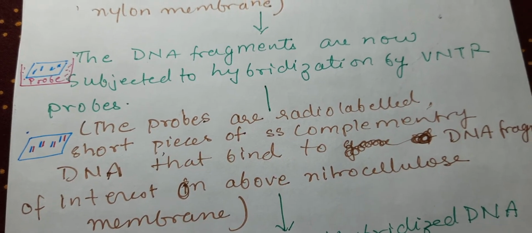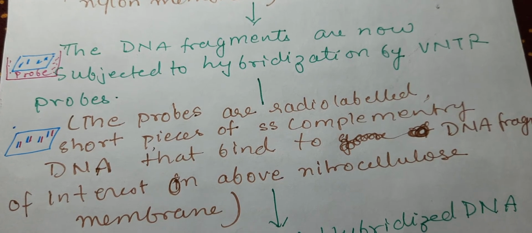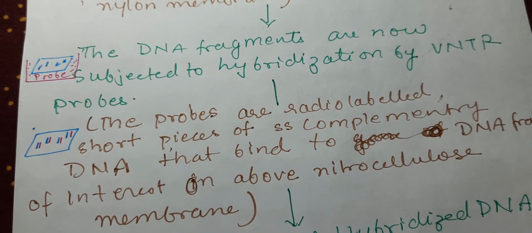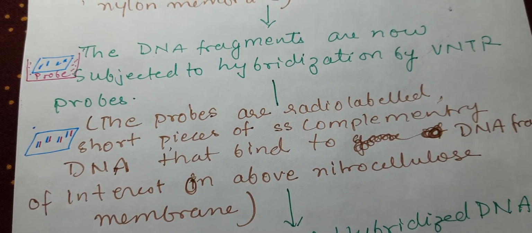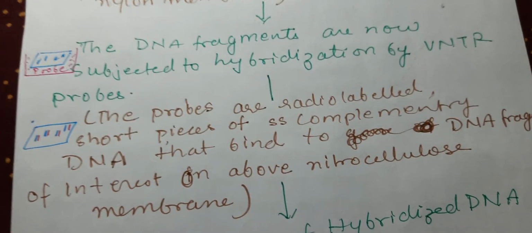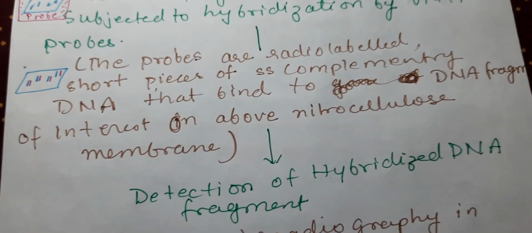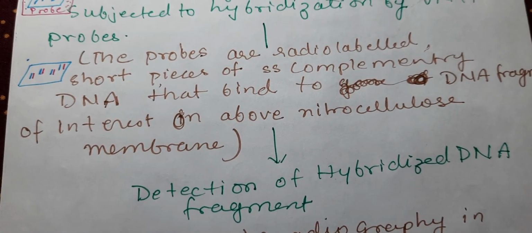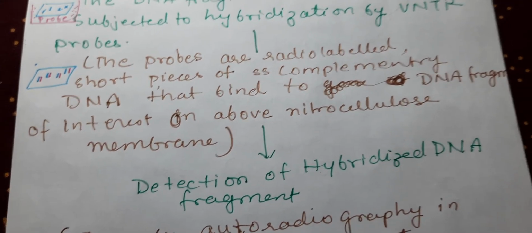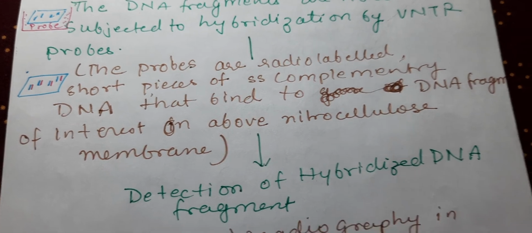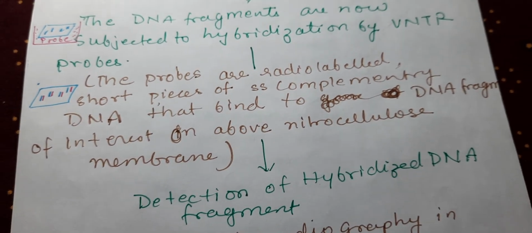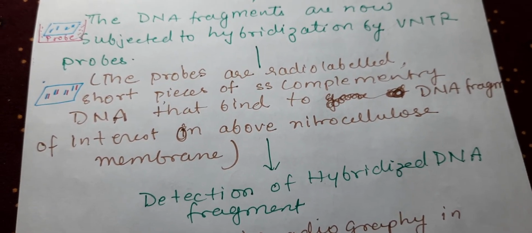Whenever we use VNTR as probes, these probes are radiolabeled so that we can detect the radioactivity and the pattern of bands. The probes are radiolabeled short pieces of single stranded complementary DNA that bind to the DNA fragment of interest.